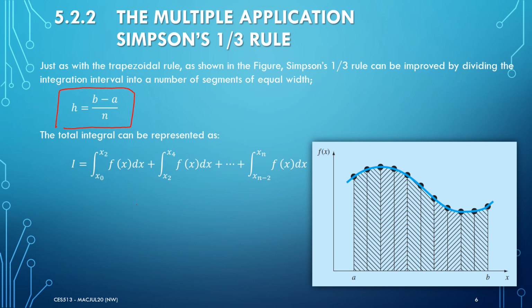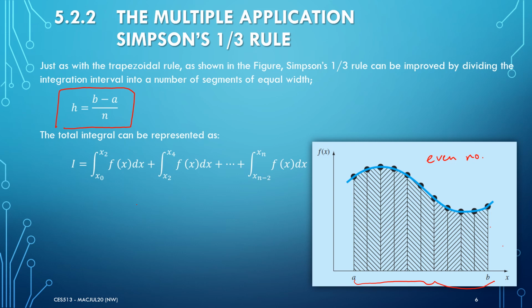As illustrated in this figure, an even number of segments must be utilized to implement the method. So for this method, multiple Simpson's one-third rule, the number of segments must be even.